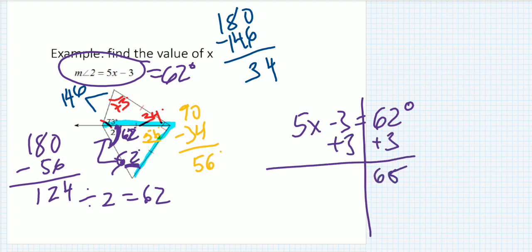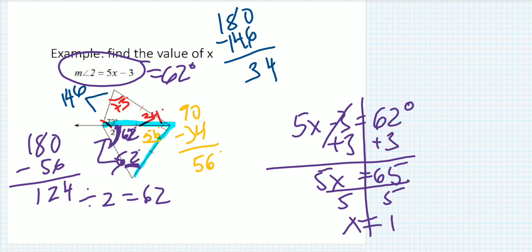And that gives me 65 equals 5x. And then we divide by 5 on both sides. And so x is equal to 13. Okay. And so then there you go, you find the value of x. So all these problems, you really just have to get a little bit creative sometimes. The only reason this one is considered difficult is because of the expression.